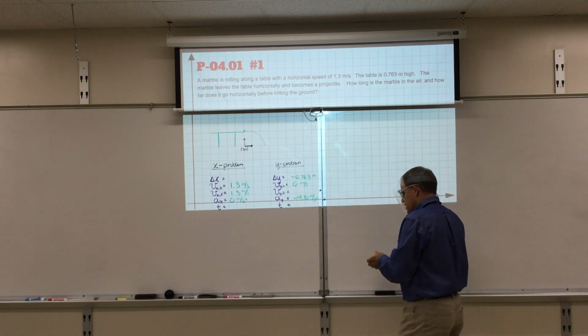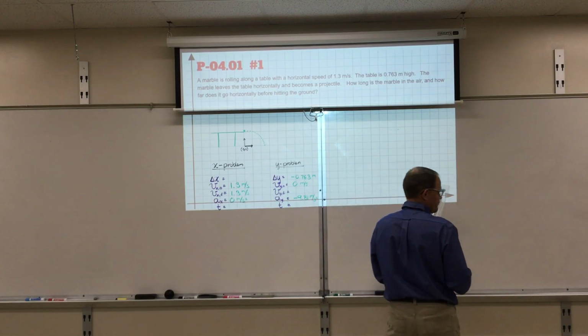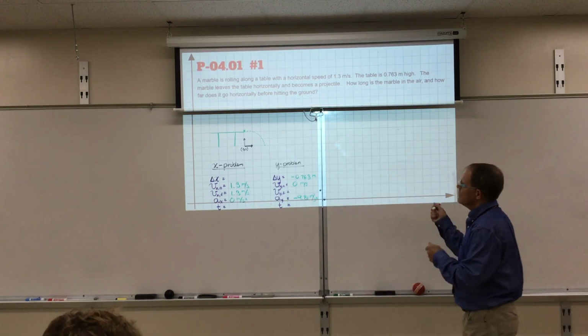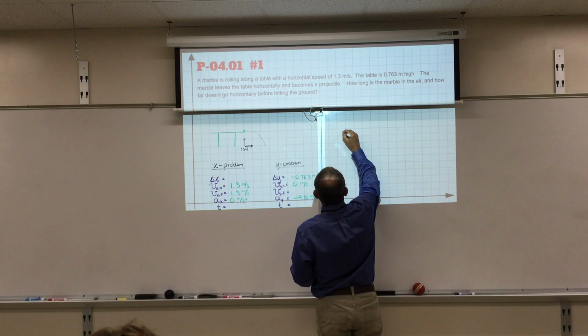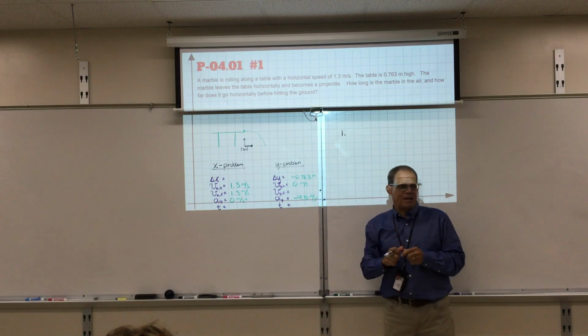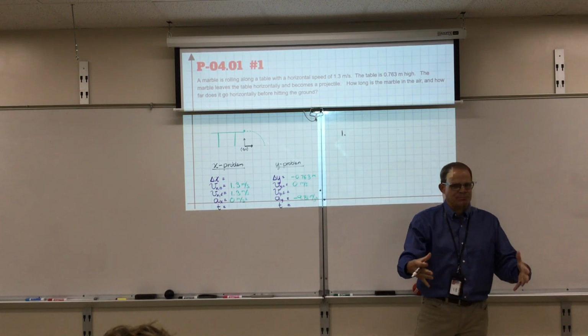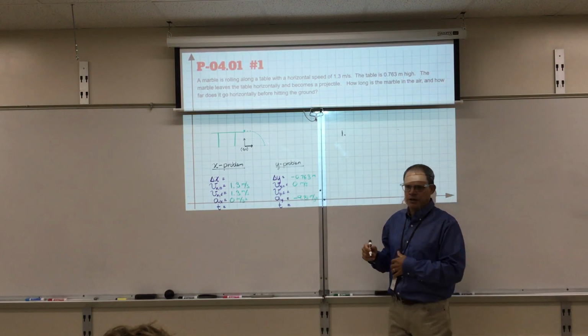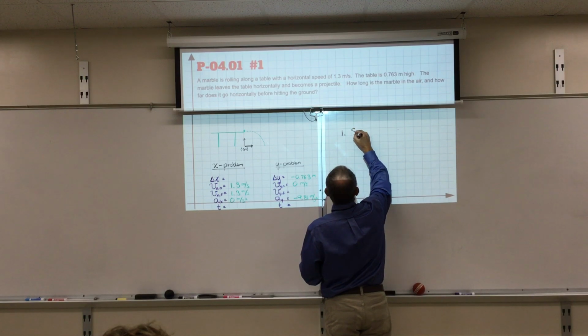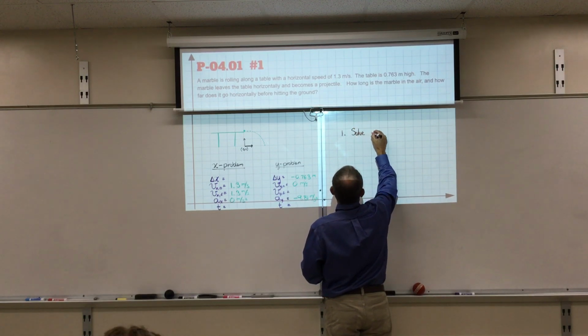All right, so here's our solution strategy. This is a multi-step problem, and when you have a multi-step problem, I want you to enumerate your solution. That means tell me what step 1 and step 2 and step 3 and step 4 are. So step 1, we are going to solve the y problem.